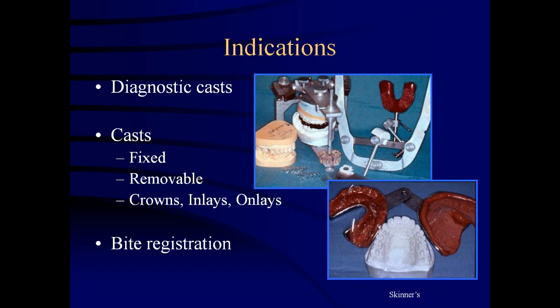Indications of impression materials: it is used for the diagnostic cast, fixed partial denture, removable partial denture, in crowns, in inlays and onlays, and it is also used for bite registration.